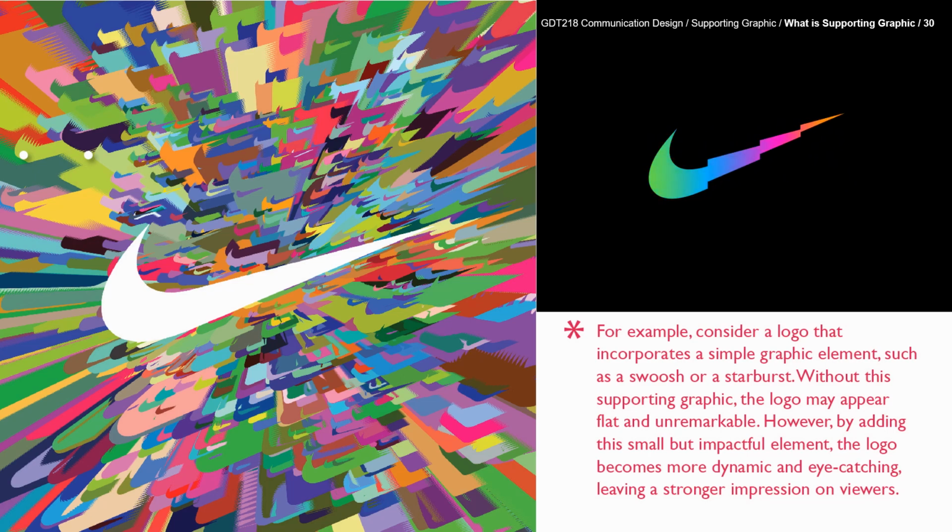So consider a logo that incorporates a simple graphic element such as a swoosh or a starburst. Without this supporting graphic, the logo may appear flat and unremarkable. However, by adding this small but impactful element, the logo becomes more dynamic and eye-catching, leaving a stronger impression on viewers. So just imagine the symbol without the supporting graphic here.